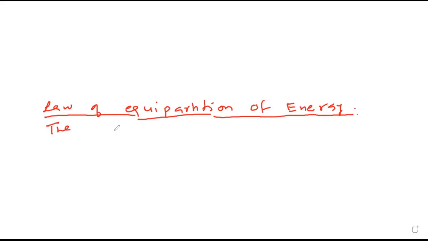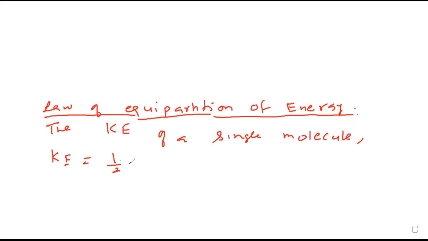The kinetic energy of a single molecule, K.E., is half m cx square, or you can say vx, no problem, one and the same, plus half m vy square plus half m vz square, assuming the velocity to be resolved into three components.